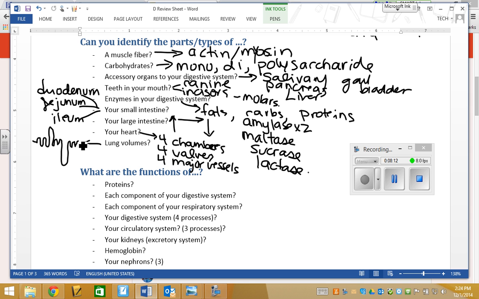So for example, do you know that this space is your tidal volume, or that this is your expiratory reserve, or that the space underneath here is your residual volume? So do you know from looking at a picture what it's called or what it represents?